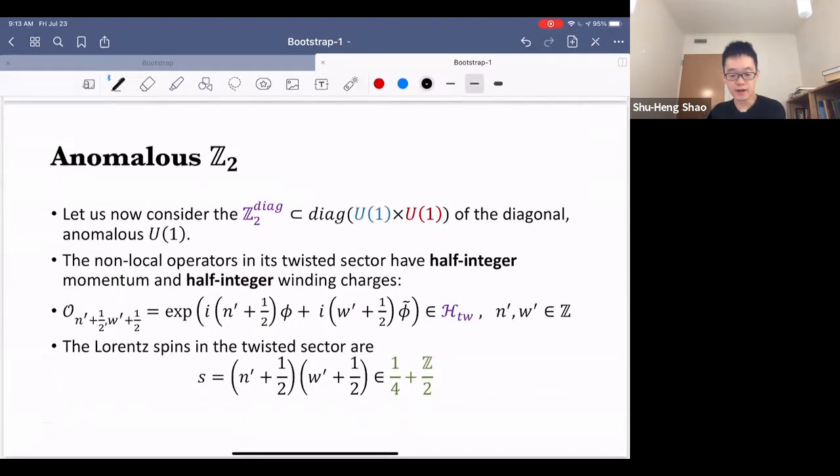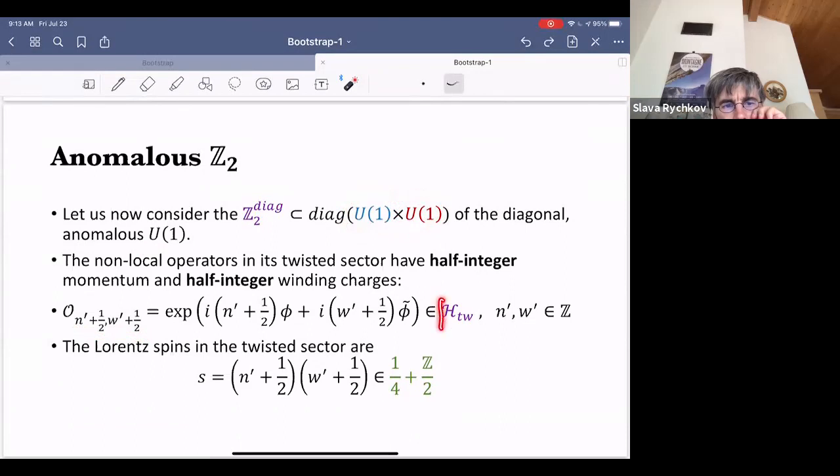Now let's look at the anomalous Z2, which is the Z2 subgroup of the diagonal U1. The diagonal U1 is anomalous. So now we have a twist both by the momentum and the winding. It is therefore easy to see that what that does is to make both the momentum charge and the winding charge half integral.